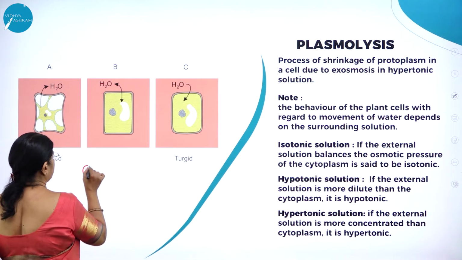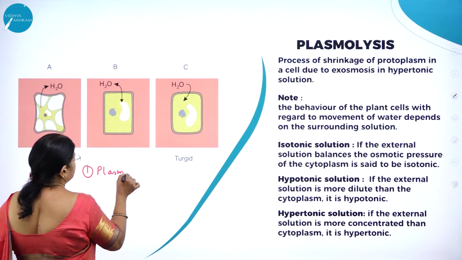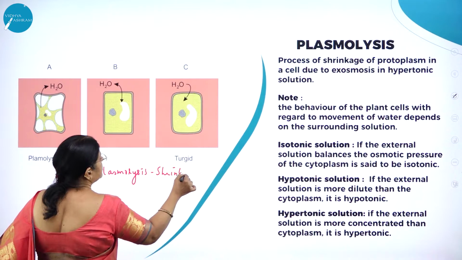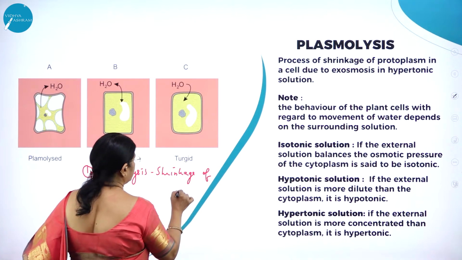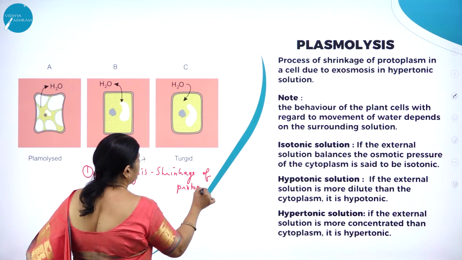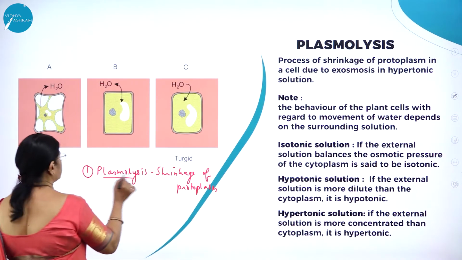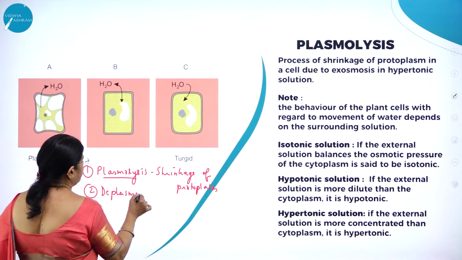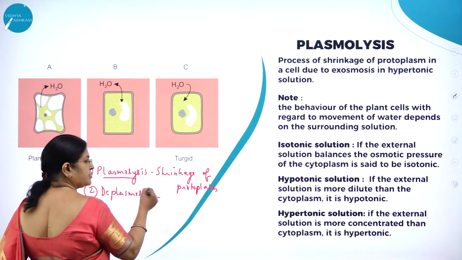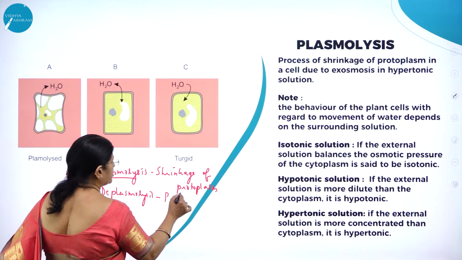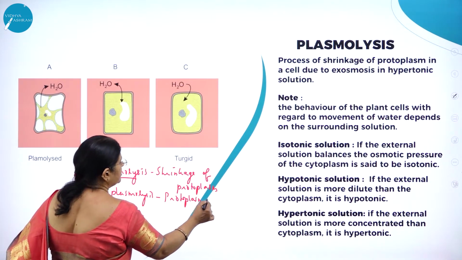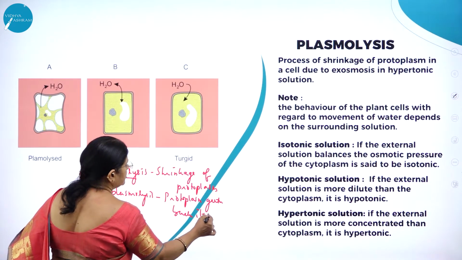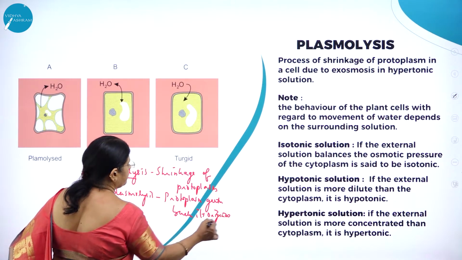So plasmolysis is shrinkage of protoplasm. What is deplasmolysis? Protoplasm getting back its original size and shape.